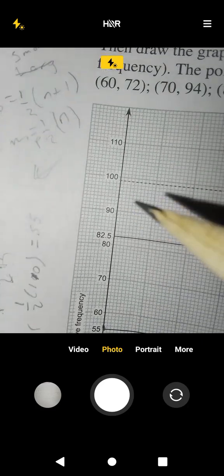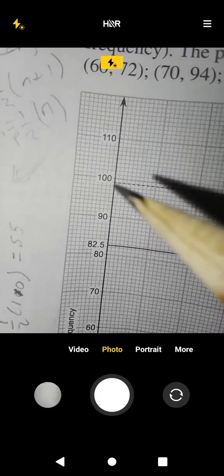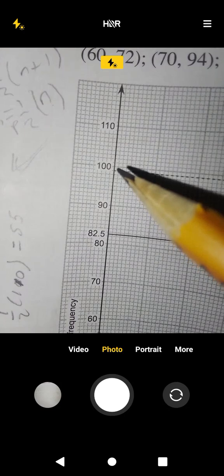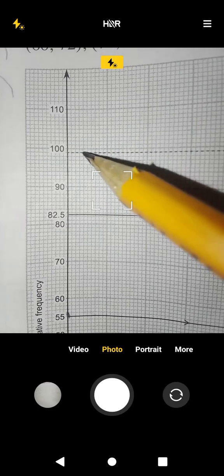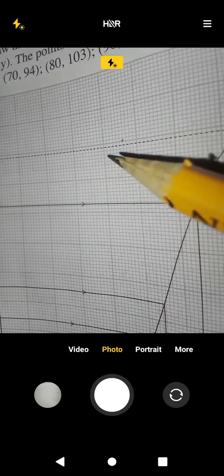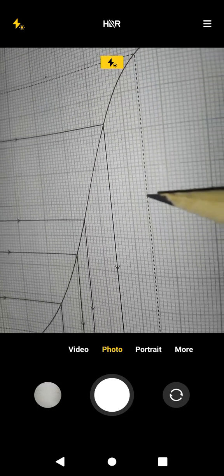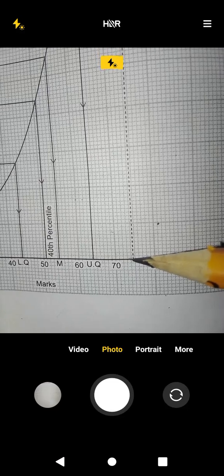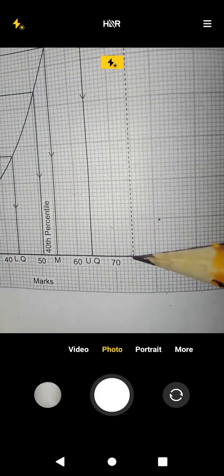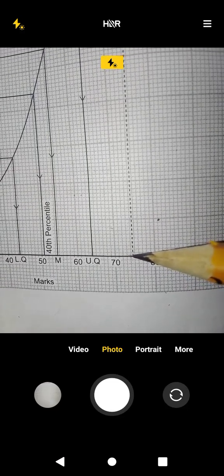It's actually this dotted line. This is 99, and this is the 90th percentile. As we can see, it's about 74.5. I hope that's clear.